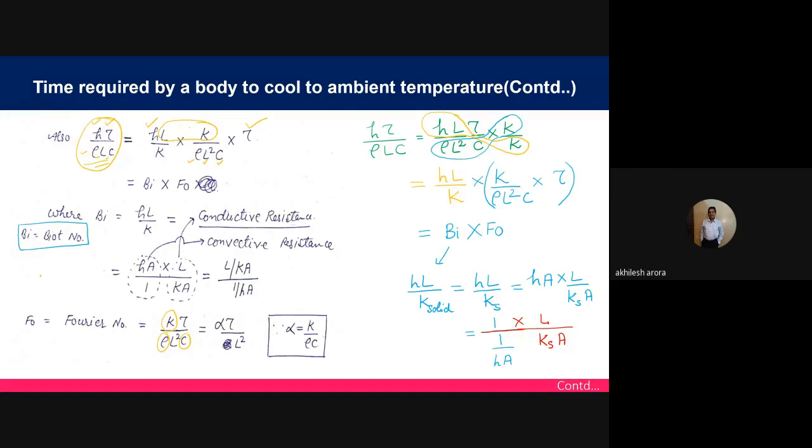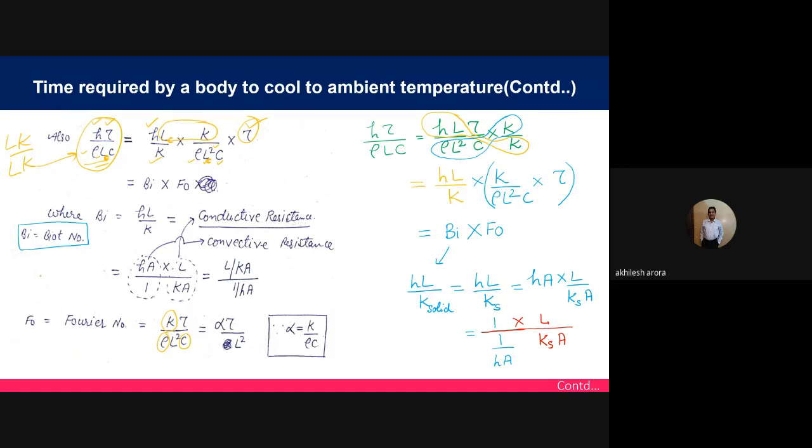So when you multiply it by L and K, K is here and L becomes L square, and tau was already there. So basically we have multiplied this term by LK and also divided by LK. This L that we are using is the characteristic length, LC. This is also LC, characteristic length. We can change it later on also.